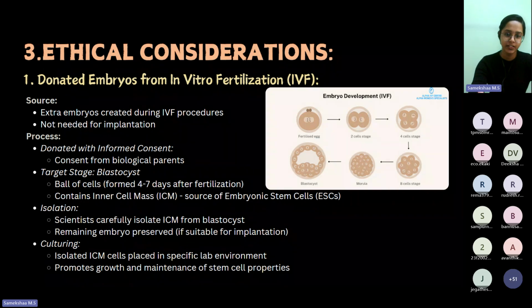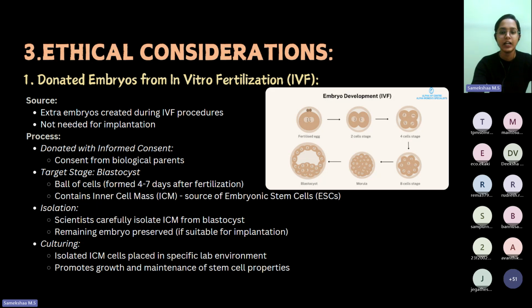The second process is intracytoplasmic sperm injection, which is also called as the ICSI process, where a single sperm is directly injected into the cytoplasm of an egg cell. So, this increases the fertilization rate for certain cases.